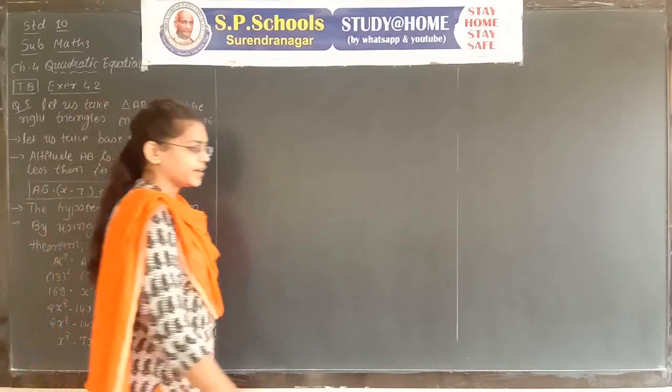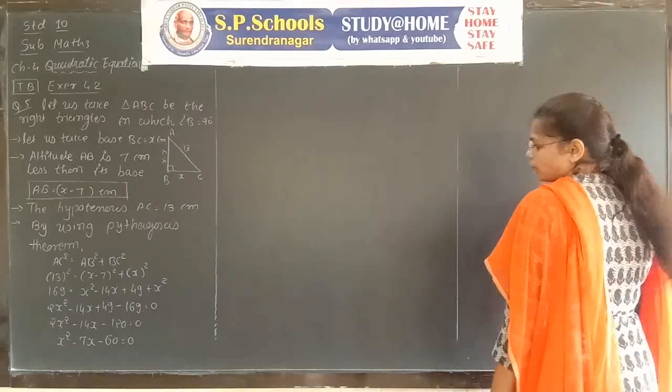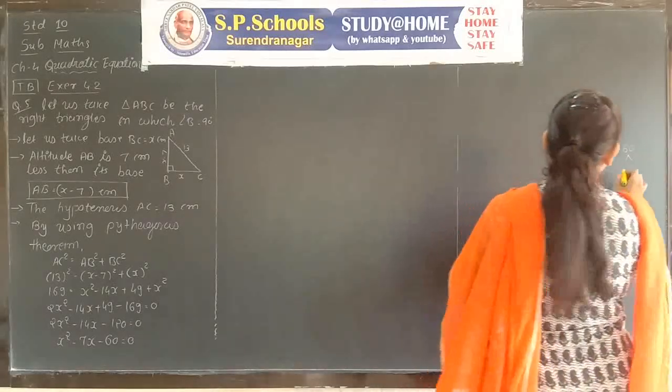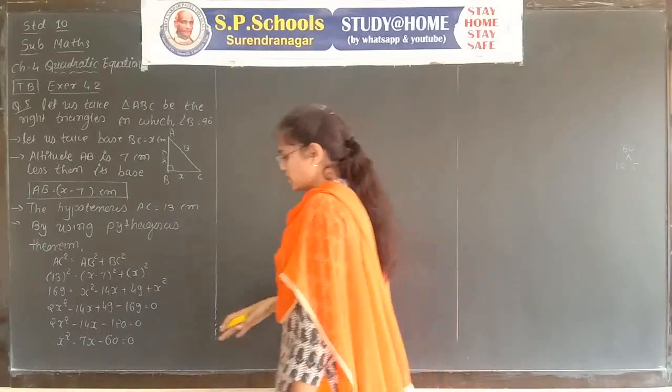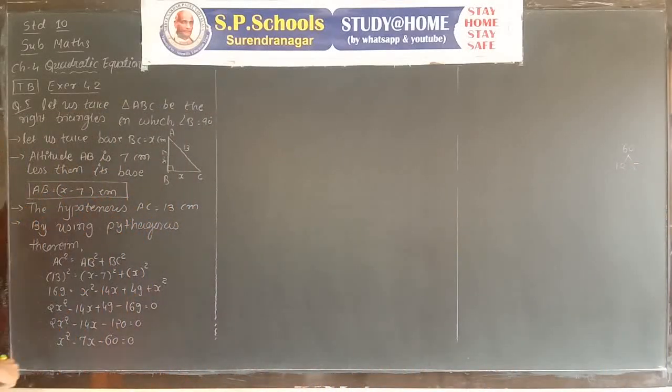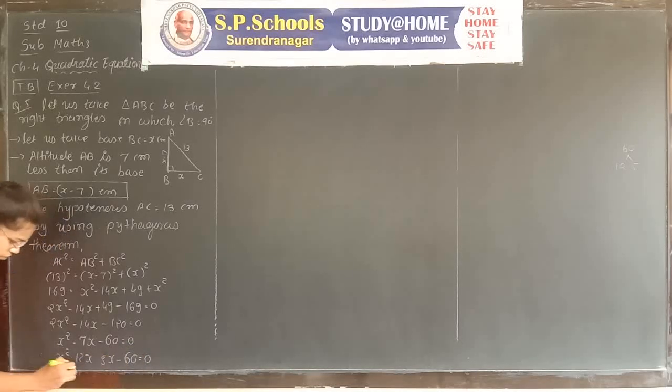Now we find the factors of 60 whose subtraction is 7, means 12 fives are 60. 12 minus 5 is equals to 7. That's why x square minus 12x plus 5x minus 60 is equals to 0.